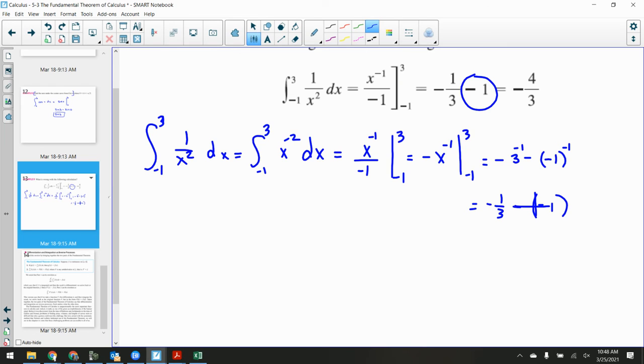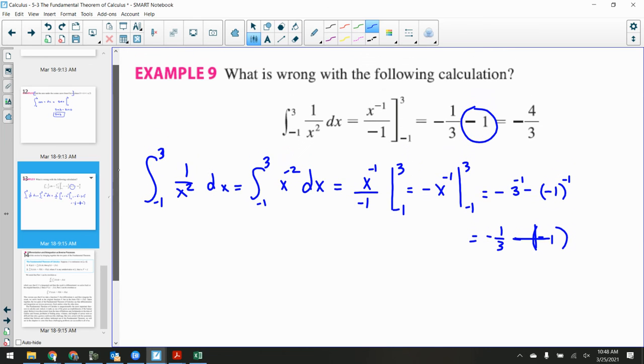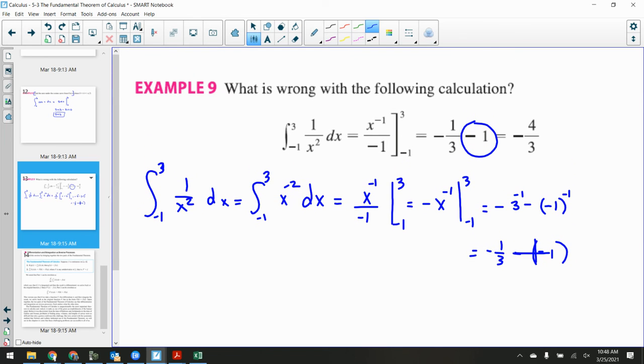Another issue. The book gives us another issue. Think about 1 over x squared. Where is it undefined? At 0. So is this function truly continuous from -1 to 3, which was one of the conditions for using the fundamental theorem of calculus? So essentially, guess what? The fundamental theorem of calculus doesn't even hold for this. That's another big issue that we have here, because there's a discontinuity in there, a vertical asymptote.